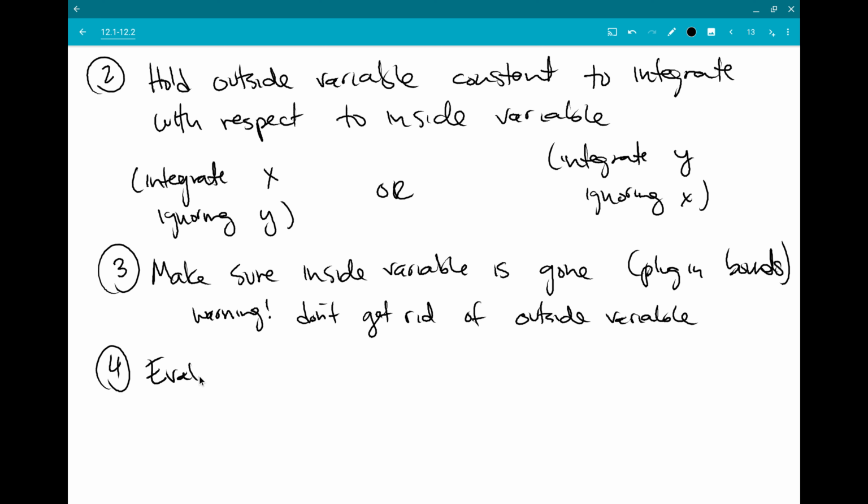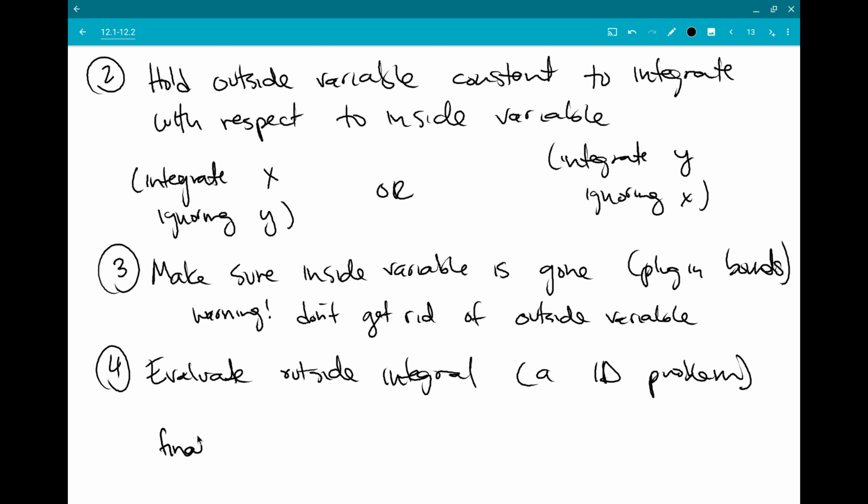But after you do that, you get to evaluate the outside integral. And it's just a 1D problem. There's only one variable left. You know how to take integrals with respect to one variable, and then your final answer is a number. No x or y.